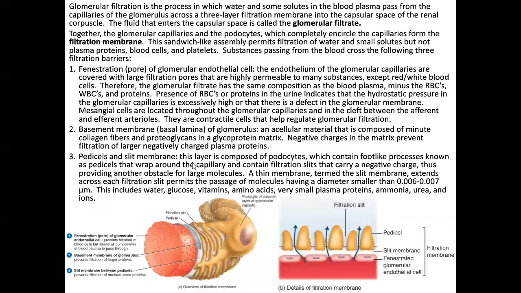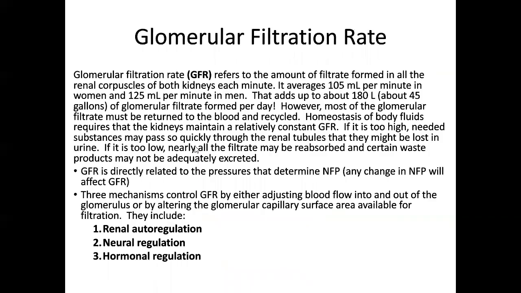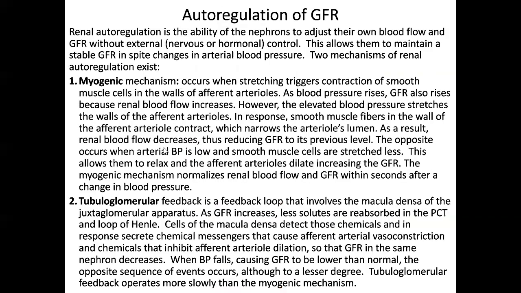Now, obviously, we're not making Barbie dolls, but we're making filtrate. And if that filtrate is being formed too quickly and we're flowing it through the rest of the nephron, through the renal tubule, way too fast, less solutes are reabsorbed and returned back to the blood, and therefore maybe we're losing too much water, too much salt, etc. So these cells in the macula densa can detect the chemicals that are not getting put back into the blood, and in response secrete chemical messengers that cause the afferent arteriole to vasoconstrict.